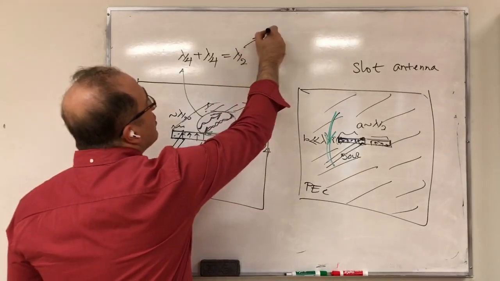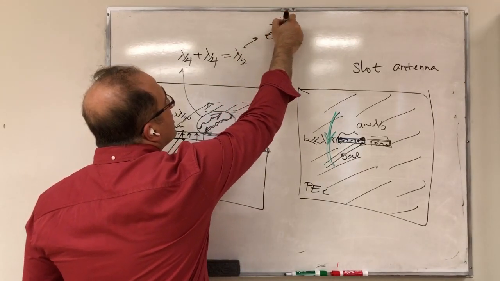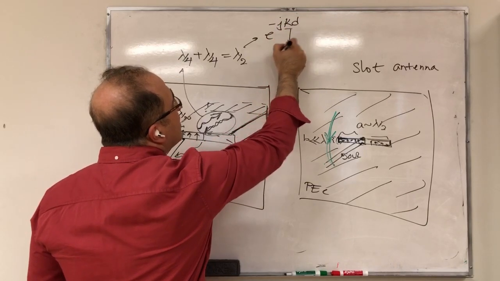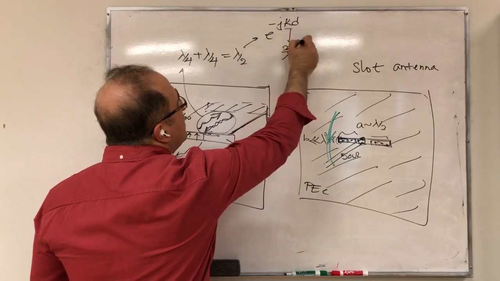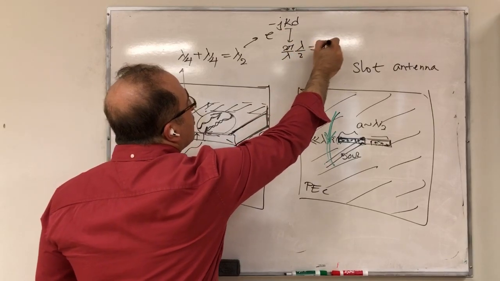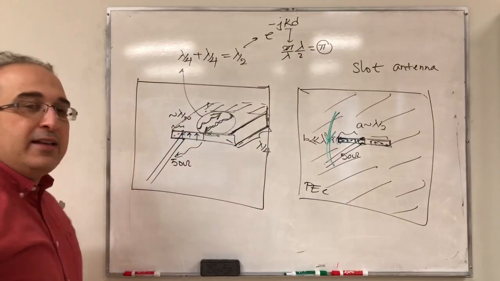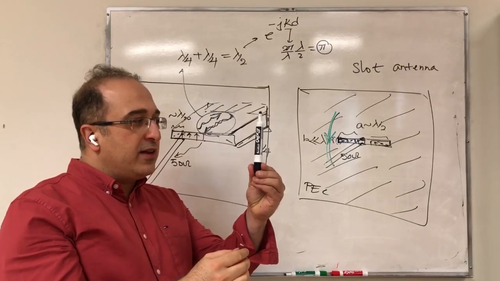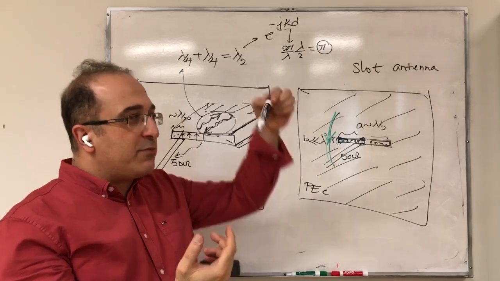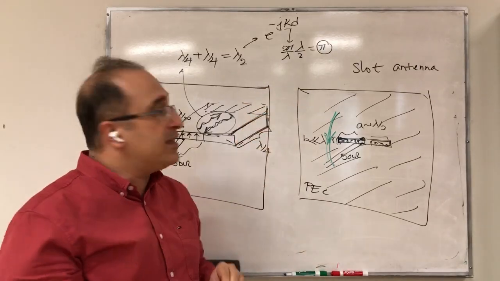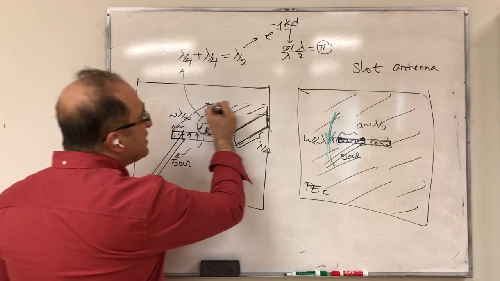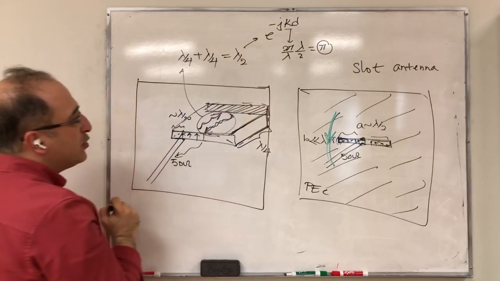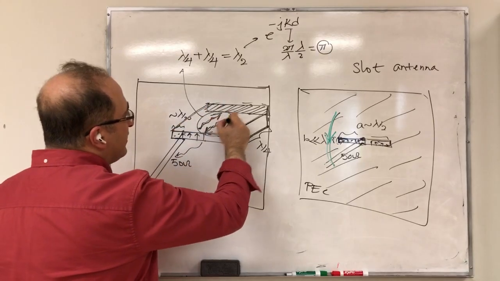You can understand it by this, e to the power of minus jkd. d is the distance, k is 2 pi over lambda, d is lambda by 2, so you get pi. So you get a 180-degree phase shift. That means if this is the direction of the electric field, with the 180-degree phase shift, now it's in the opposite direction. But remember, the reason for reflection is to have a metallic plane here too. So it goes there and then comes back here.